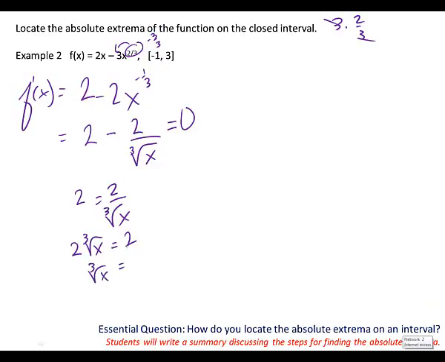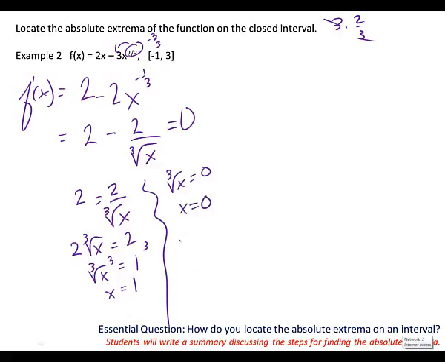When I divide by 2, what do we get? 1. And then I cube both sides. When we cube the 1, what do we get? 1. All right, but there's another place to get a critical point. It had a denominator, right? I can also set that denominator equal to 0. All right, so when I set that denominator equal to 0, what's my other critical point?